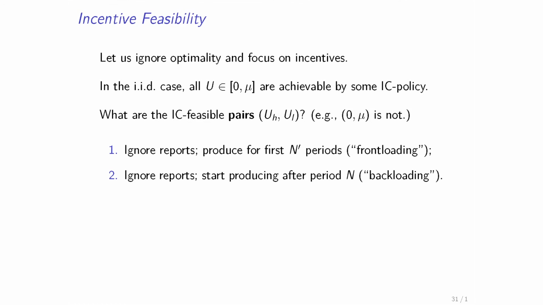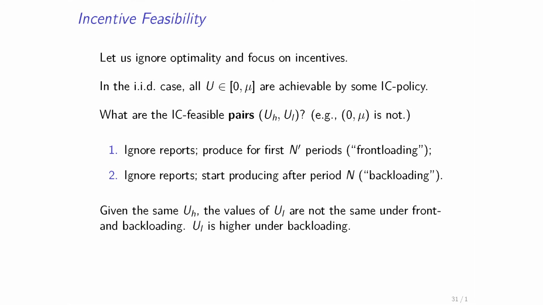So intuitively, you can see this will be the boundary of our feasible set. That's because if we fix the payoff for the high type, the low type gets the highest possible payoff if we are using a backloading policy. He has time to recover.